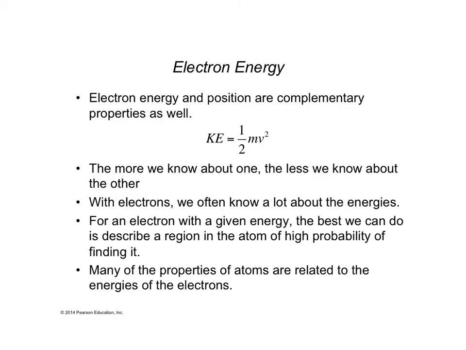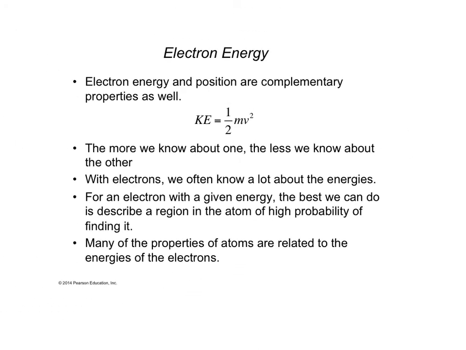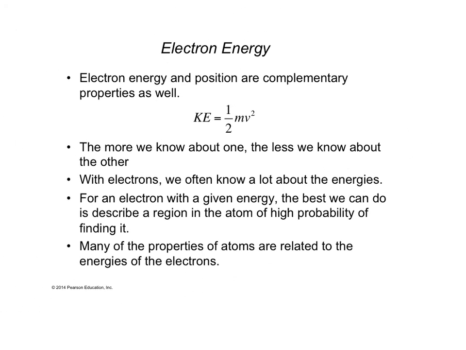Again, kinetic energy, which is what we're talking about, energies of this electron, is related to the velocity of the electron via just the equation for kinetic energy. Velocity is part of the wave-like nature of the electron. We know lots about energies and velocities, and because of that, we cannot know much about its position. Unfortunately, that's what we're left with respect to quantum mechanics.